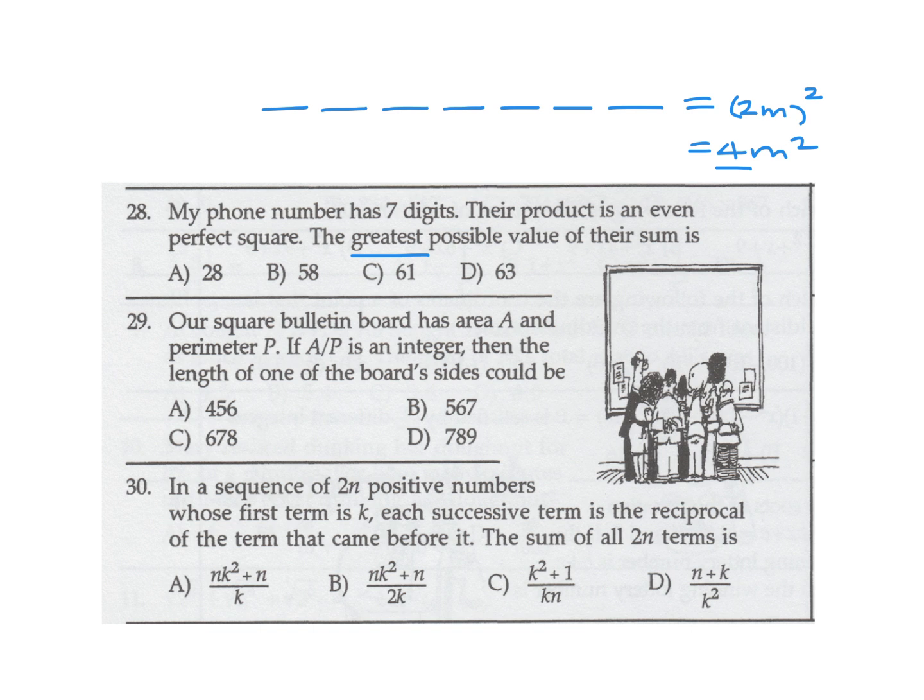The largest even number that's a single digit is 8. And then to make the sum as great as possible, I'll just make the other ones 9s. So now the sum would be 5 of those 9s plus 2 of those 8s, and that's 45 plus 16, which is 61. So C is the answer.